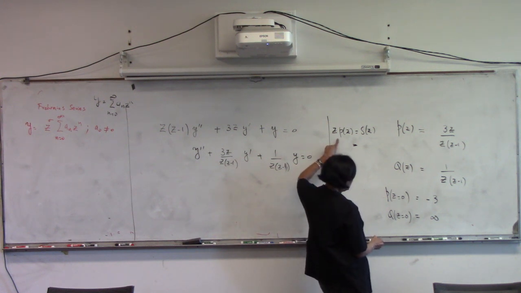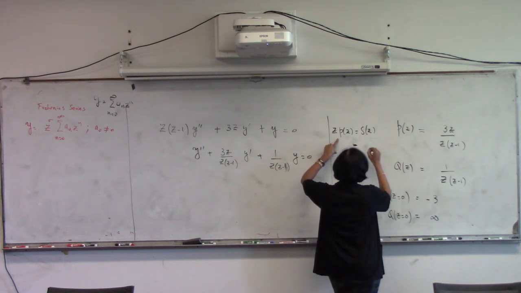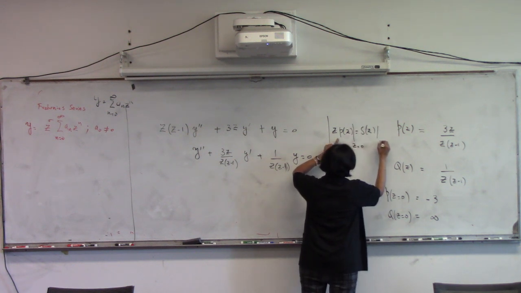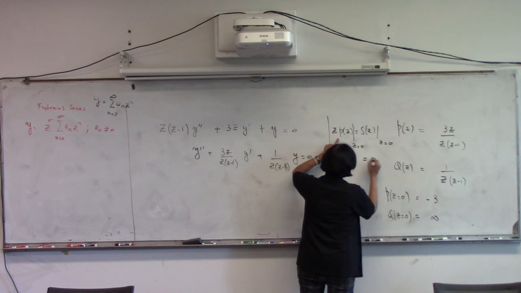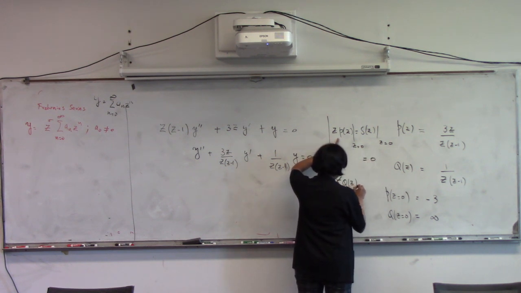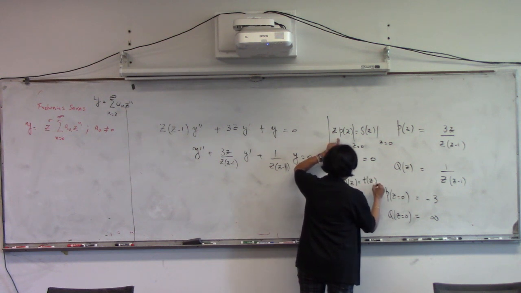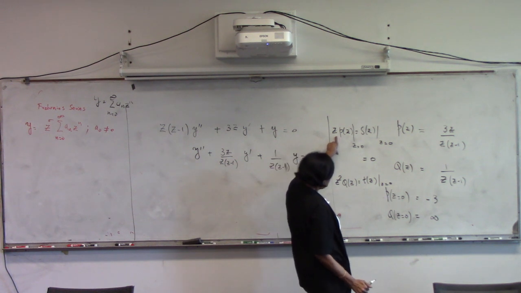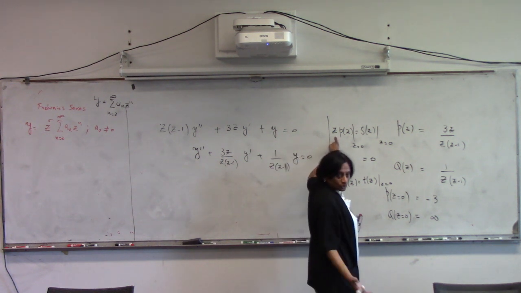Z times P of Z is 0 at Z equal to 0, and Z squared times Q of Z, which is T of Z, at Z equal to 0 is also 0, right?